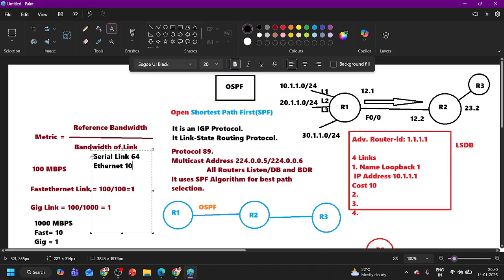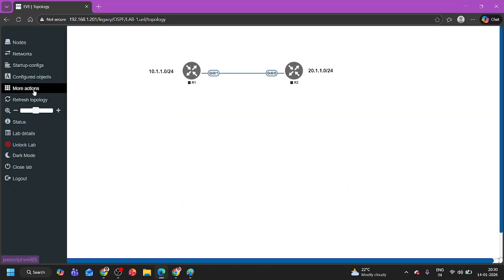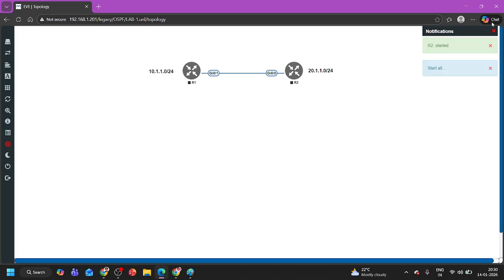I am calculating this cost value with the default reference bandwidth of 100. On the Fast Ethernet link, it is going to be 1. On the gig link also it is going to be 1. Reference bandwidth is 100 by default.